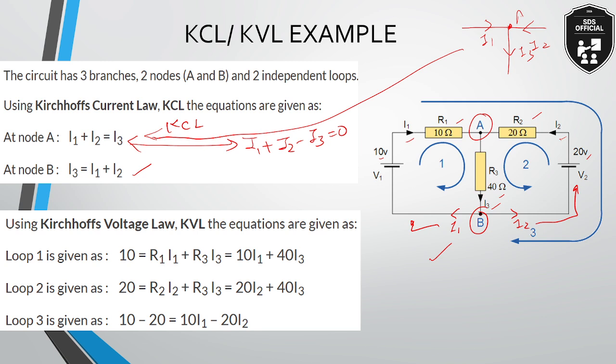Okay. Now, for applying KVL, just remember KCL works on the nodes, KVL works on the loops. So how many loops are there? There are three loops. Loop number 1, loop number 2 and loop number 3.